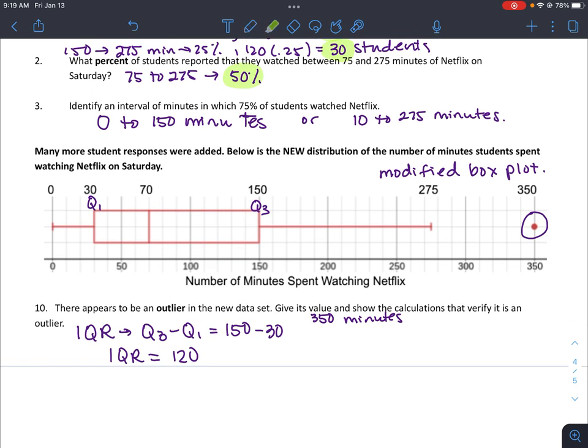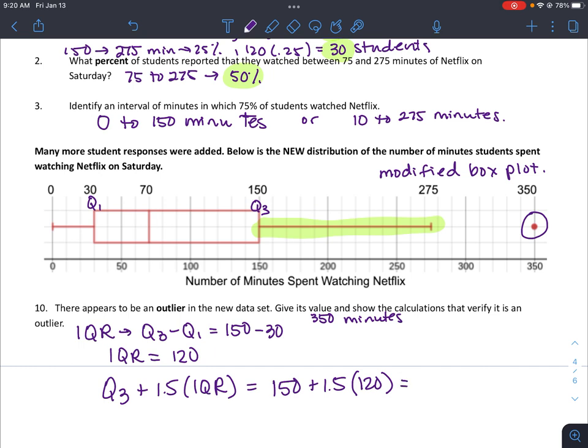Now to figure out the range of acceptable values to be an outlier or not on the right side, I do Q3 plus 1.5 times IQR. So Q3 is at 150 plus 1.5 times 120. And I get 330.